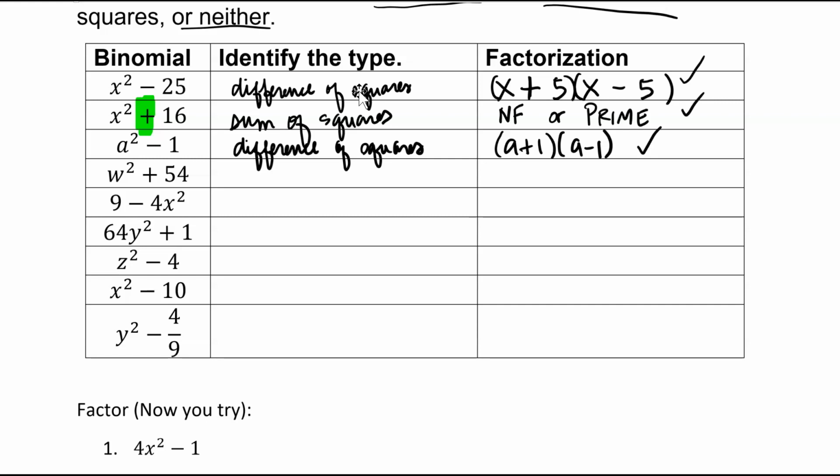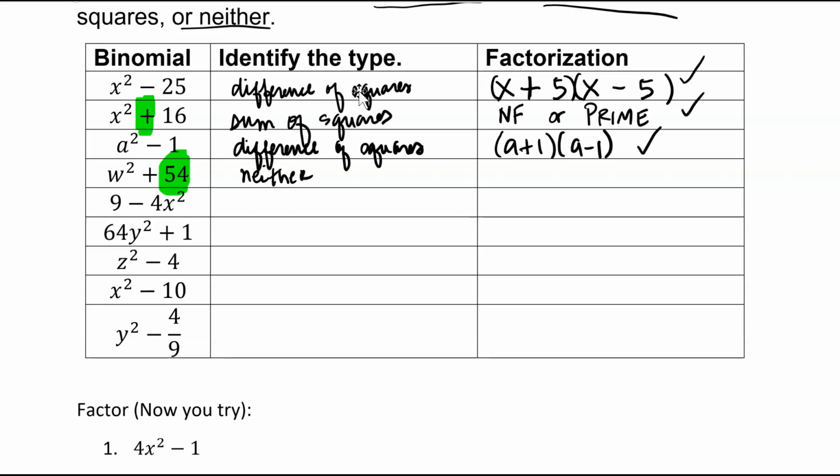All right, next we have w squared plus 54. What do you think that is? Classified as either sum of squares, difference of squares, or neither. Actually, it's neither because 54 is not even a perfect square. So we cannot identify 54 as a perfect square.